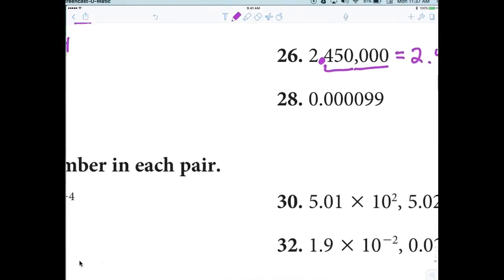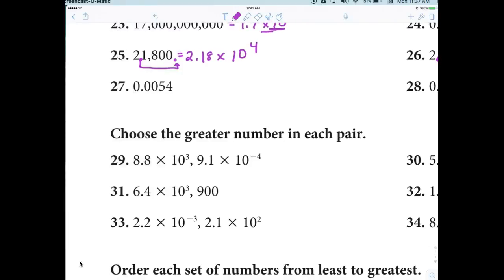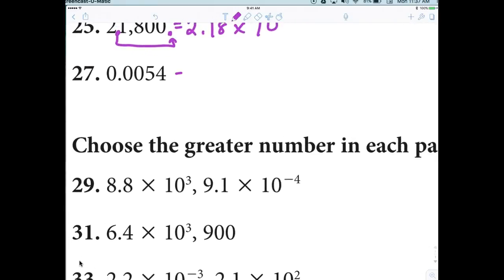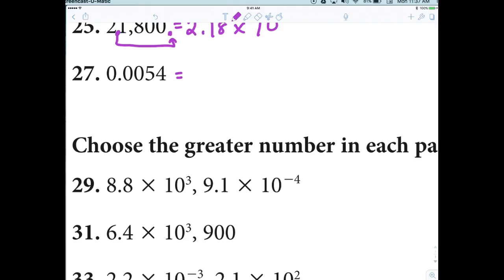All right, next one. Same one, Julian. 27. It's a smaller number. Just tell me how to do it. So you have the 4 and the 5. Where would the decimal go?